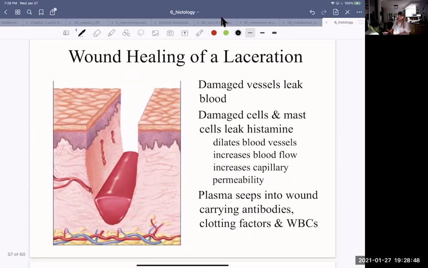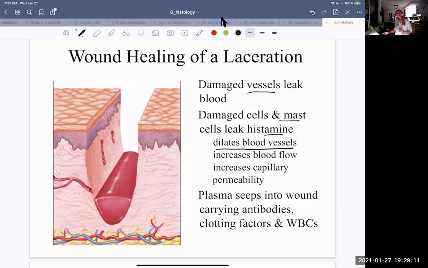So if there is a laceration of the skin, the damaged blood vessels will leak blood. We saw some of this in our Khan Academy video. Mast cells leak histamine, which dilates blood vessels. That increases blood flow to the area. You might think, oh, you don't want blood flow to the area because you don't want to lose blood.